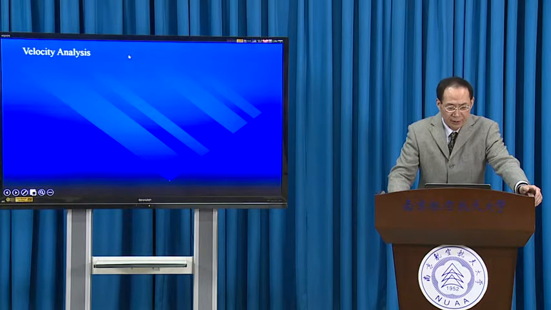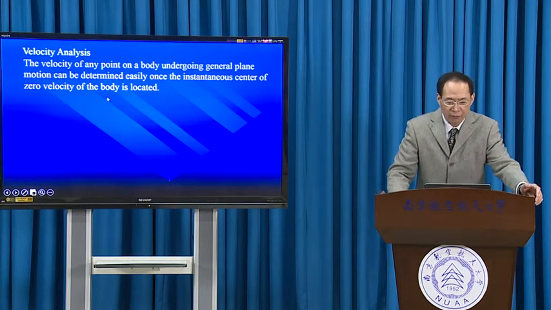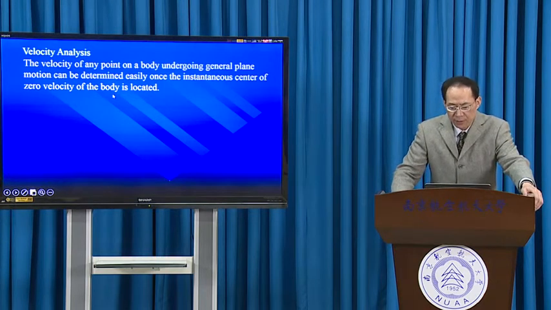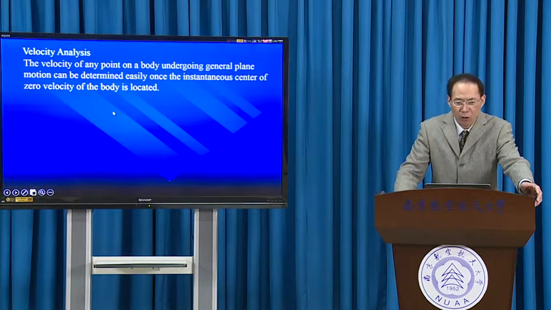Now, velocity analysis. After we get the location of the instantaneous center of zero velocity, we can make a very clear analysis of the whole body, any point on the body. We can analyze its velocity.